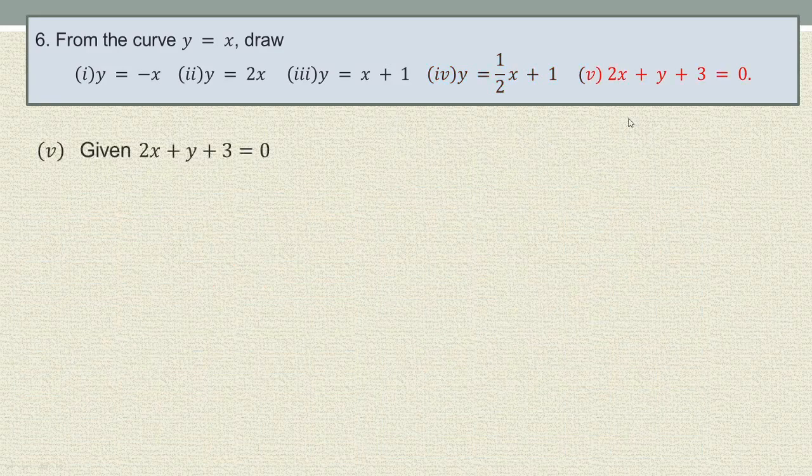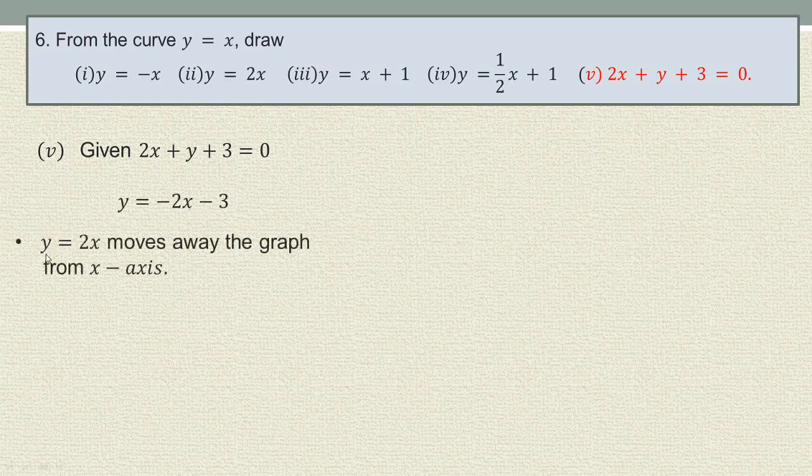And now we are going to the fifth subdivision. Given 2x plus y plus 3 equal to 0, and here y is equal to minus 2x minus 3. So first you should go for 2x, and then minus 2x, and then minus 3. You cannot directly take minus 2x, because for reflection you will get minus f of x or f of minus x.